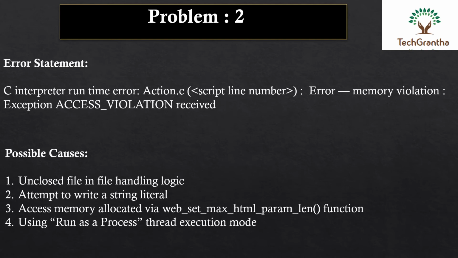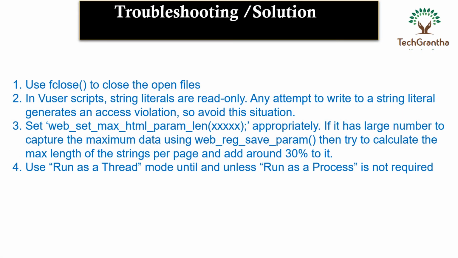Now the problem is how we can resolve and troubleshoot it. For troubleshooting, first you need to close all file operations properly. Next, set the param length appropriately to the length that is required.